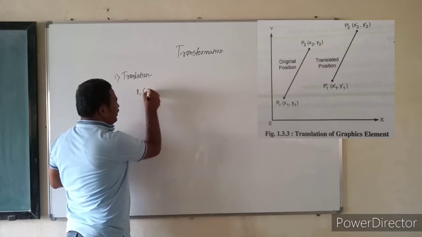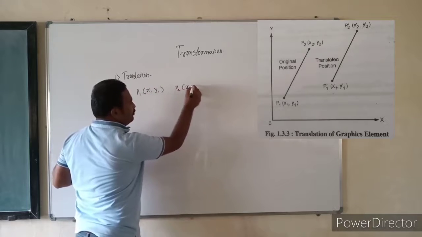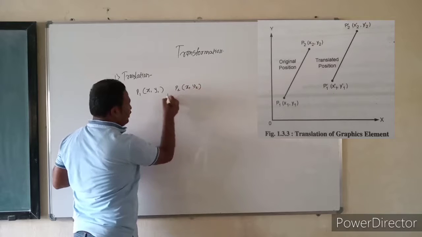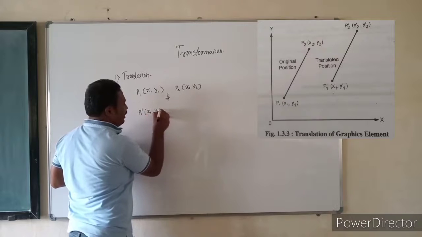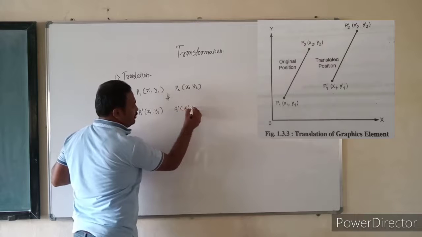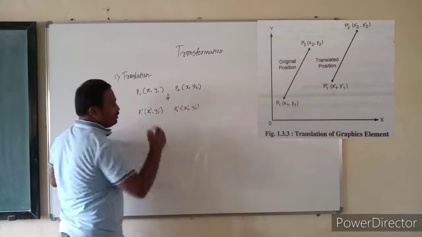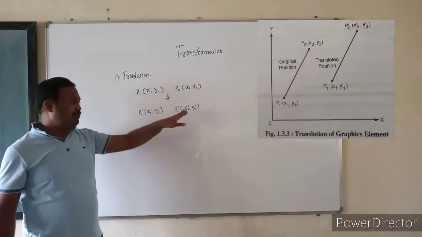Point P1 is x1, y1, P2 is x2, y2. Then it is translated to the new location: P1 dash is x1 dash, y1 dash, and P2 dash is x2 dash, y2 dash.